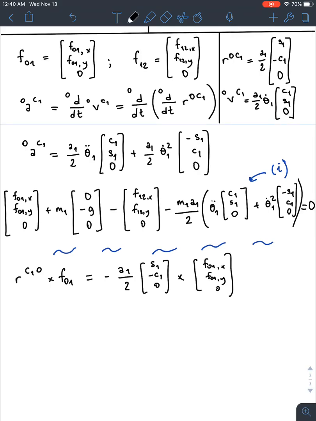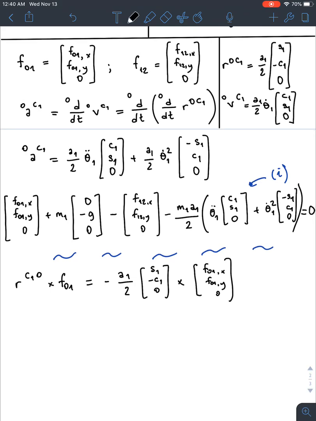So if you do this cross product, what do you get? Well, what you get is (minus A1 over 2) times (0, 0, sine 1 F01y plus cosine 1 F01x). Yeah, that's what you get.